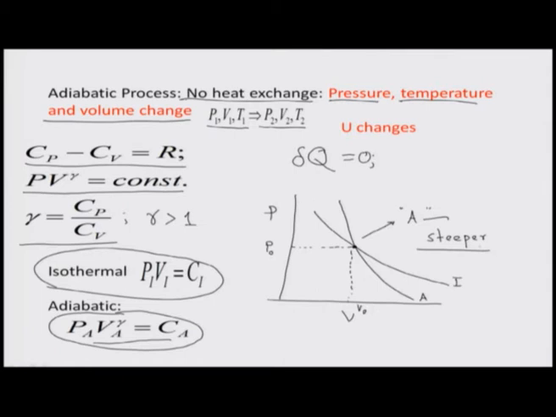So, the question is, I have two curves in the PV plane, they intersect at a point P0, V0. Which curve do you think represents an isothermal process and which represents an adiabatic process? I am saying this one, which has a steeper slope at the point of intersection, is representing an adiabatic process, the other one is an isothermal process.